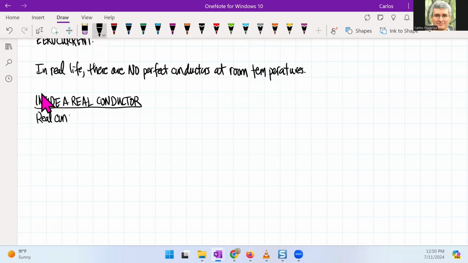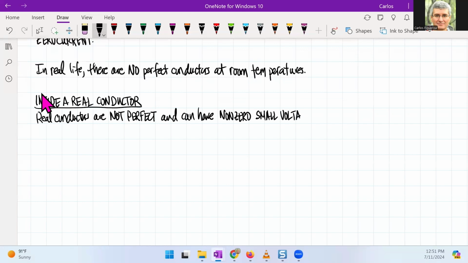Real conductors are imperfect, are not perfect, and can have non-zero small voltages inside wires.